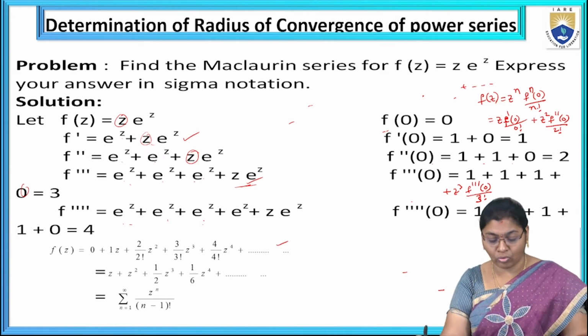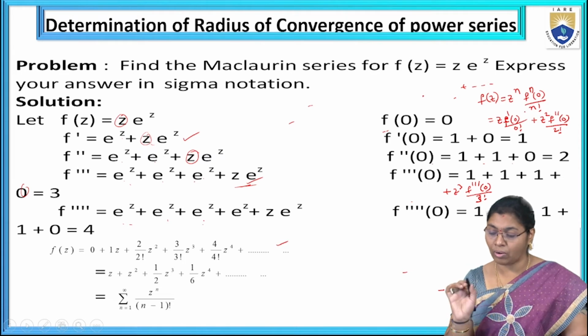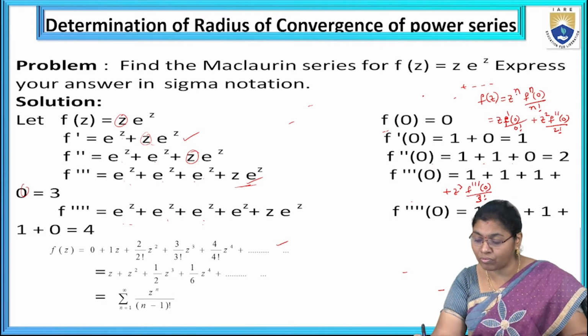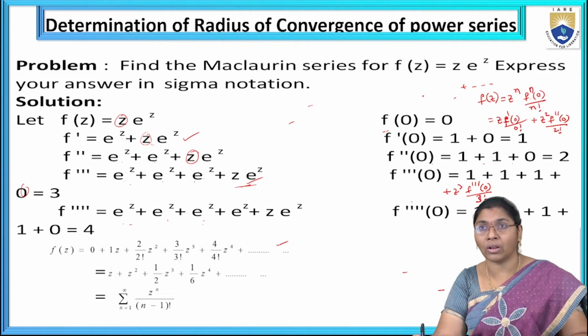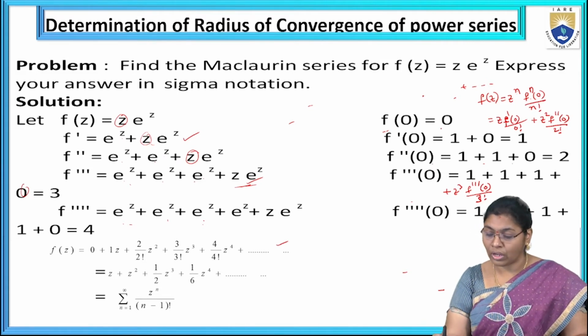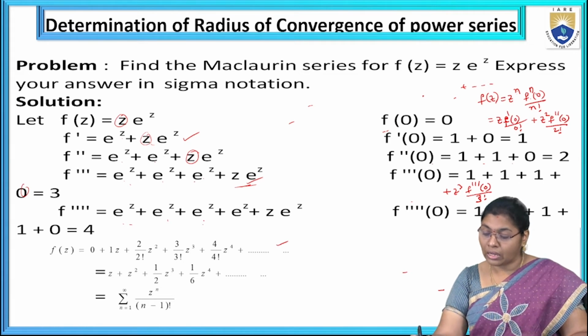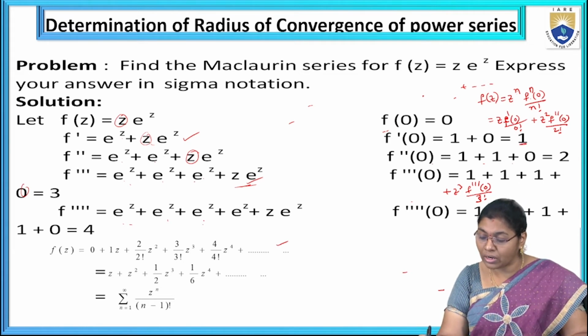First of all, n equal to 0. Now the substitution is completed, it is 0. Next, n equal to 1 means z power 1 into f dash of 0 by 1 factorial. The first condition is f of 0 equal to 0, I completed. Now here z into f dash of 0, that is 1.